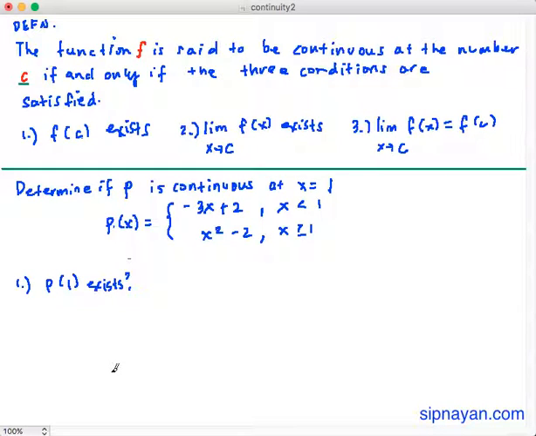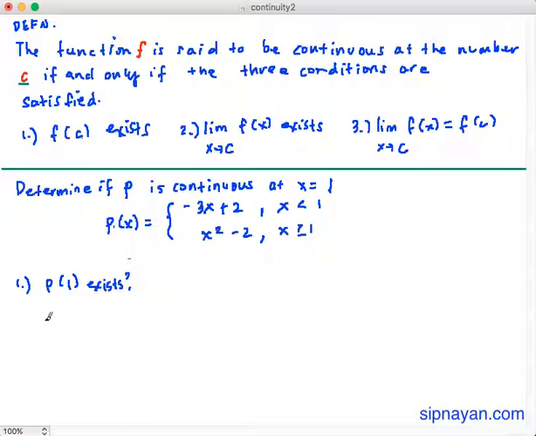So, nag-exist ba ang p of 1? Tignan natin, asan ang x equals 1 dito sa dalawang functions na yan. This is a piecewise function, meaning yung function natin is composed of two different functions. So, at x equals 1, saan siya? Ito less than 1. Ito x is greater than or equal to 1. Meaning, nandito yung x equals 1 natin. Kasama siyang equal.